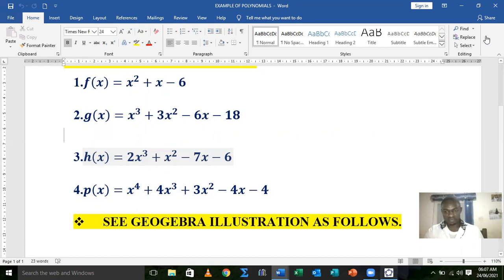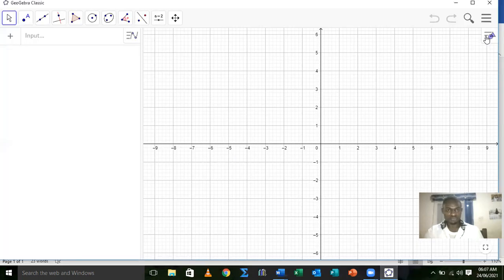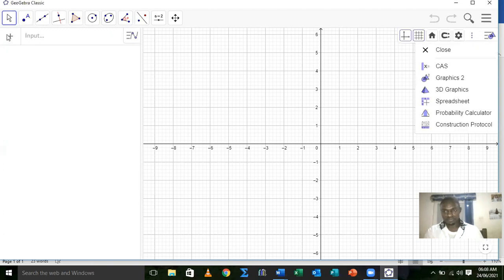We get the Geogebra app. For those who don't have it, they should download and install it on their laptops. When you get to the Geogebra app, click at this top right corner. Choose the CAS submenu. As you see, you follow the steps.